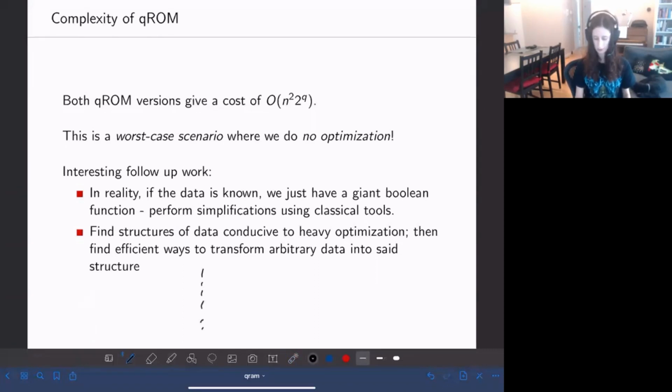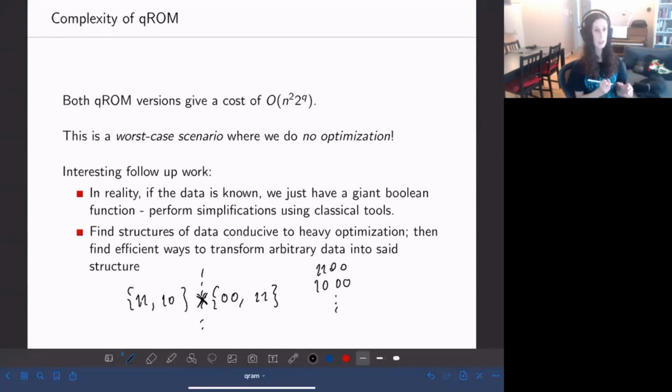So maybe in your addresses that contain a 1, you always have the first 2 bits coming from a specific set and the last 2 bits coming from another set. So something like this. What you can actually do in this case is make 2 qROMs, one that handles each half of this Cartesian product, and then do a Toffoli on them together. That shrinks the size of these mixed polarity gates, but you're probably never really going to find this structure in practice.